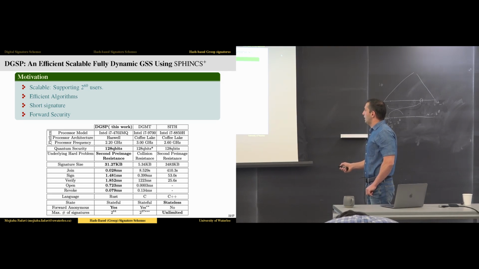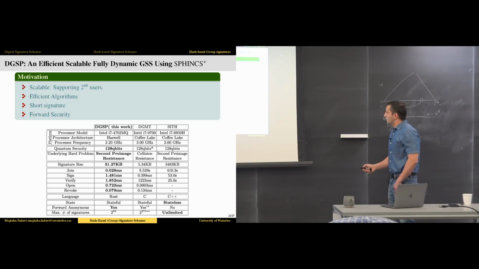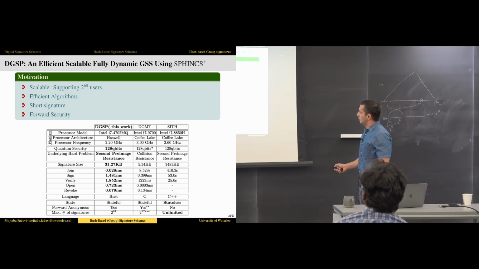And keep in mind that this information is for the case that DGMT supports 2^27 signatures, much less than our case and SITH. So I believe that this shows the superiority of DGSP over DGMT and SITH.